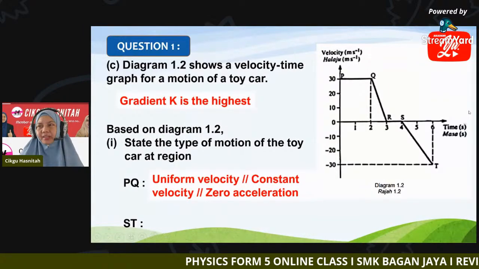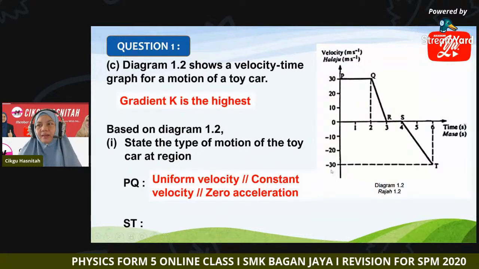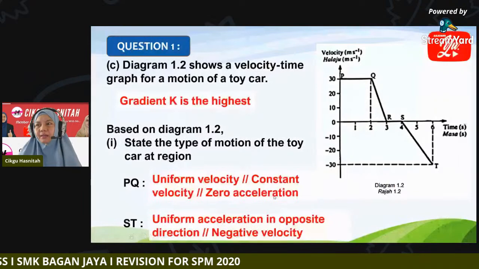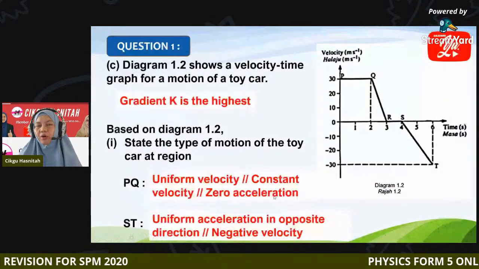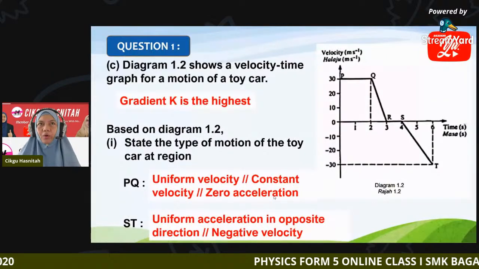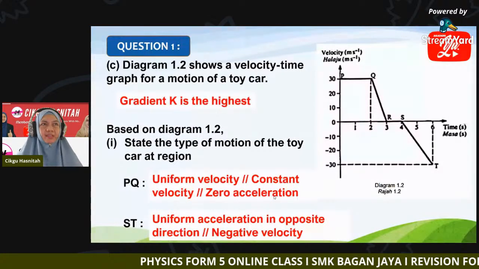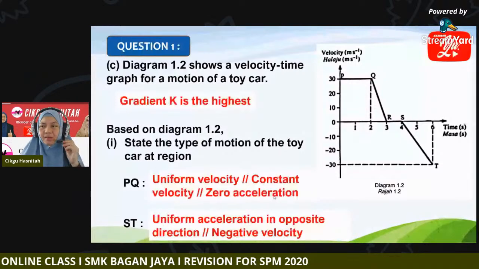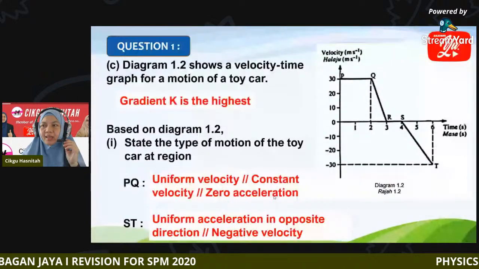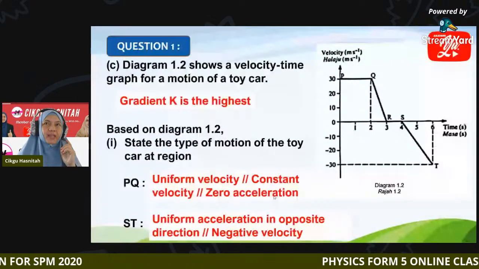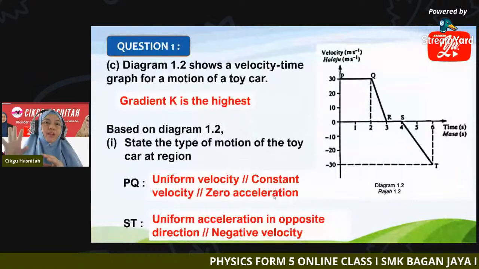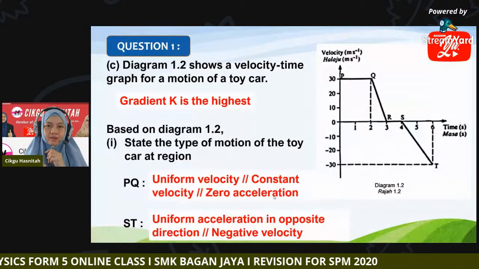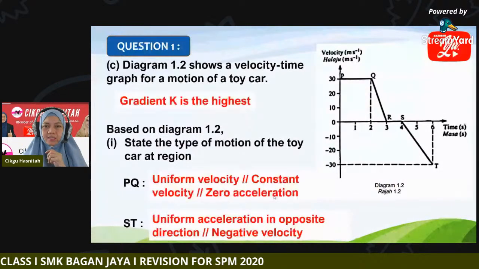So in region ST, we say the toy car moves in a uniform acceleration, or velocity increases uniformly in the opposite direction. Or you can say now the car has a negative velocity. Negative velocity means it moves in the opposite direction from the previous motion. It is now moving in the opposite direction.